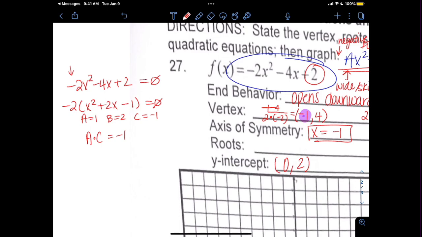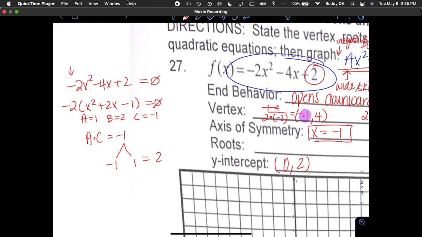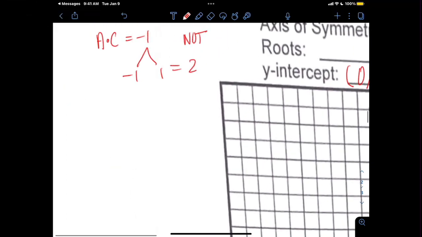I need two numbers that will multiply together to give me negative 1, but when added together will give me positive 2. So since obviously this one can't be factored like that, we can assume that it's going to have some kind of crazy numbers that are going to be really hard for us to find.